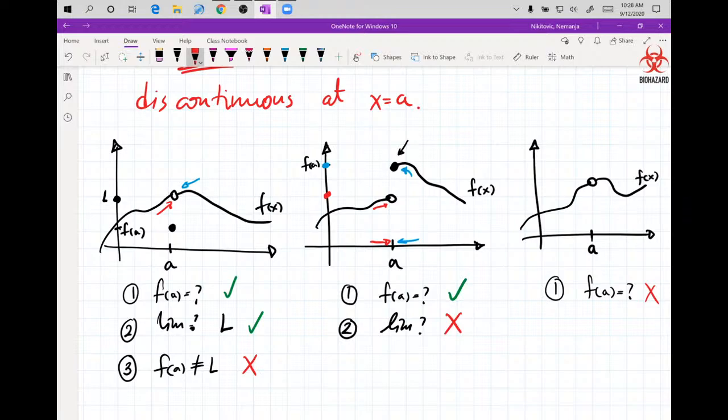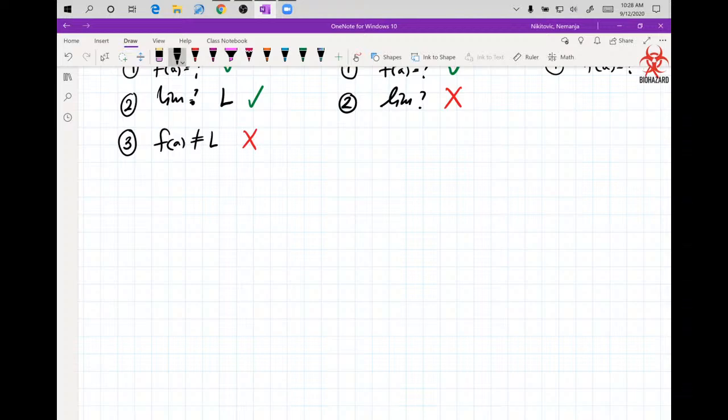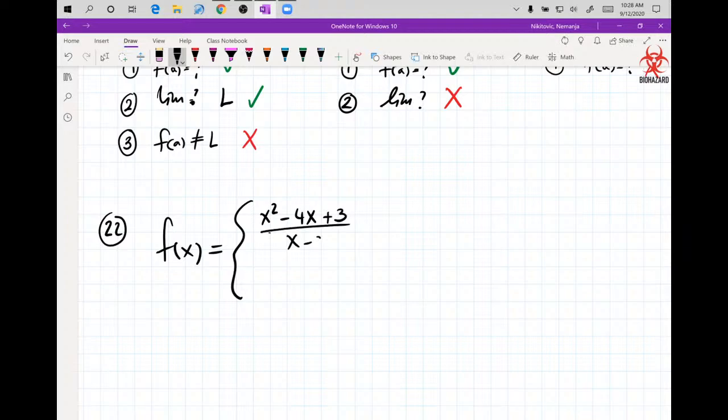Now I want to jump into the homework here and pick one of these piecewise functions. Usually, those are the ones that you don't like. In problem 22, they want to check function f of x given as a piecewise function: x squared minus 4x plus 3 divided by x minus 3 if x is different than 3, and 2 if x is 3.